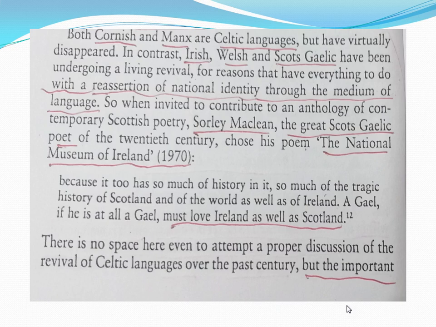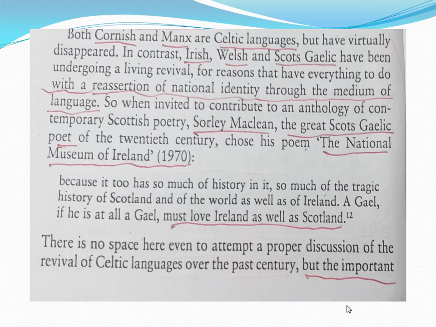It means that they also have their own literature. So when we call it British literature, which literature are we calling? Will that be Scottish literature? Will that be Irish literature? Will that be the literature of Britain or England?